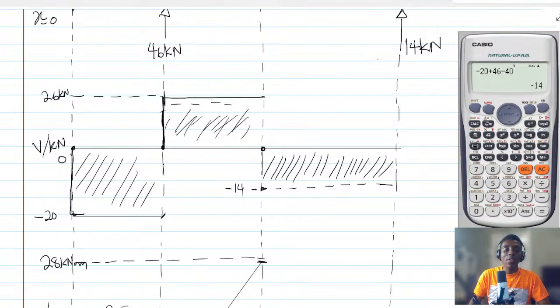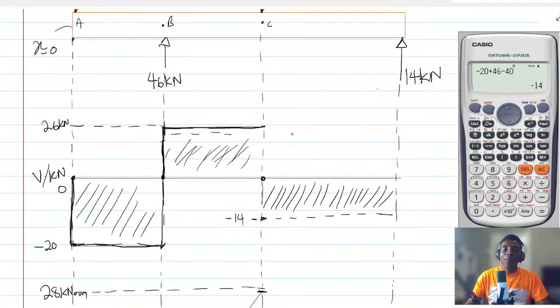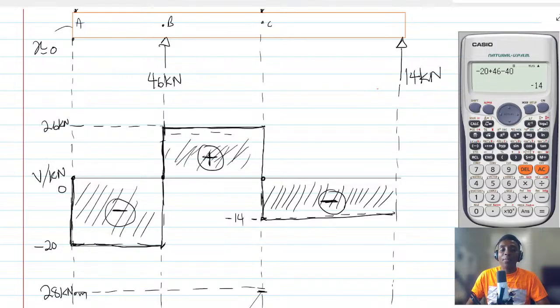So it means that your shear force is something like this. At this point, it was negative, but at this point, it was positive, and then at this point, it was negative. So this is your shear force diagram.